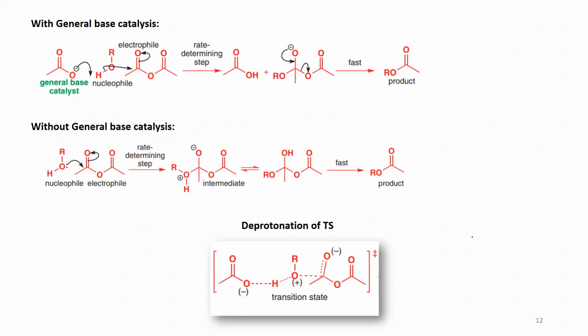If we see the mechanism, the general base will take up the proton from the alcohol, and this alcohol will attack this electrophile, formed at the rate determining state. After that, it undergoes a reaction forming our desired product. So in absence of this, if no such base is added, what will happen?